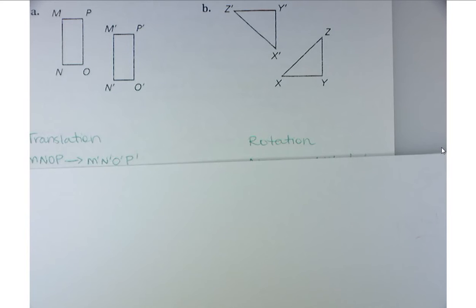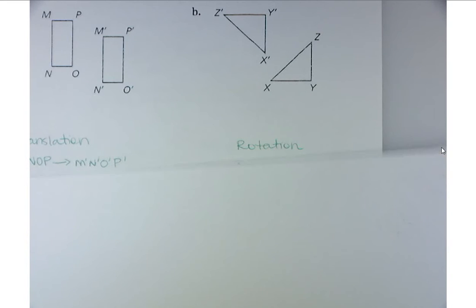Okay, and with this one, because it is an actual shape we have a symbol for, we're going to use that symbol. Because these are triangles, right? Okay, so we're just going to draw a little triangle in front. If it's a quadrilateral, like a rectangle or a square, you don't have to put the shape in front of it. Okay, Tony, you want to tell me what you wrote?